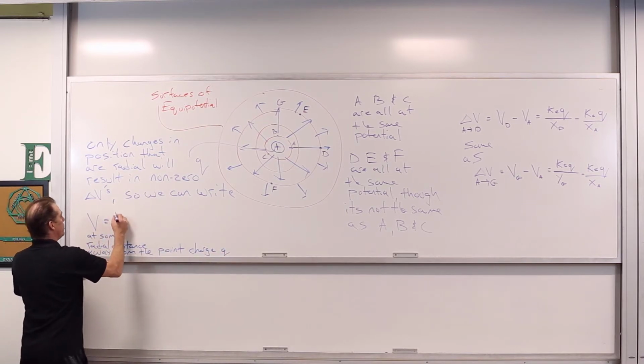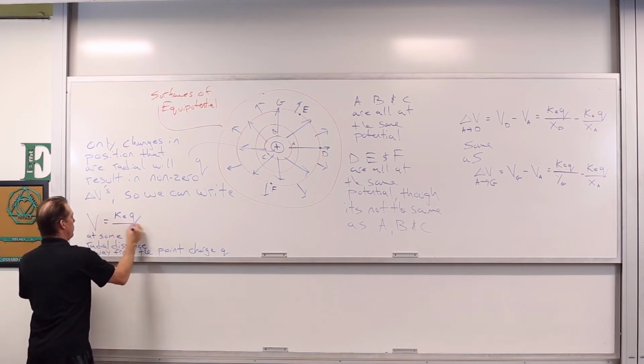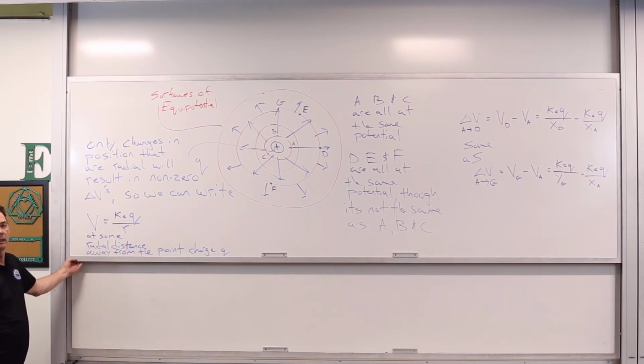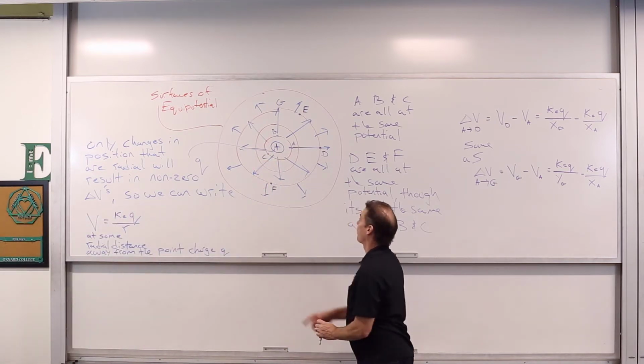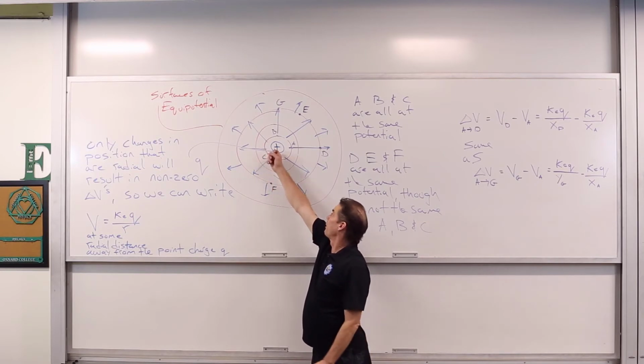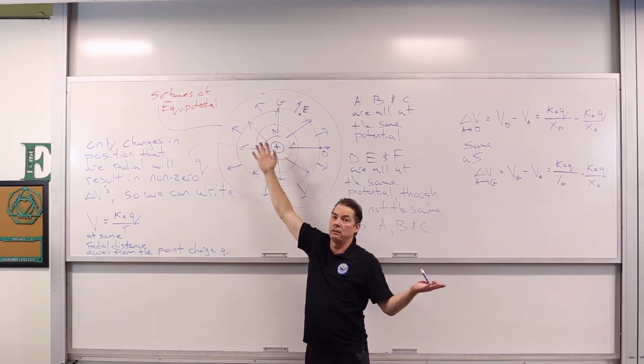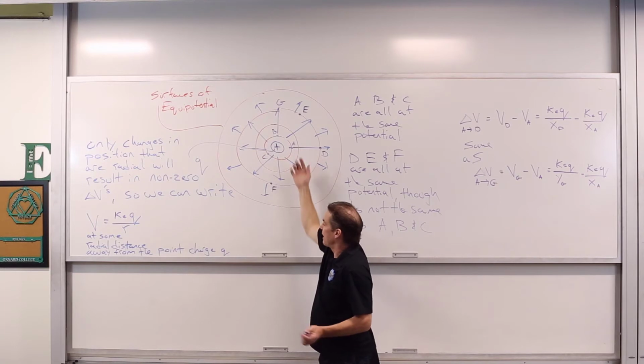That's just going to be equal to K sub E Q over R. R could be X sub A, R could be Y sub B, R could be whatever we want to call C, composite. But it's just the radial distance, that's it.